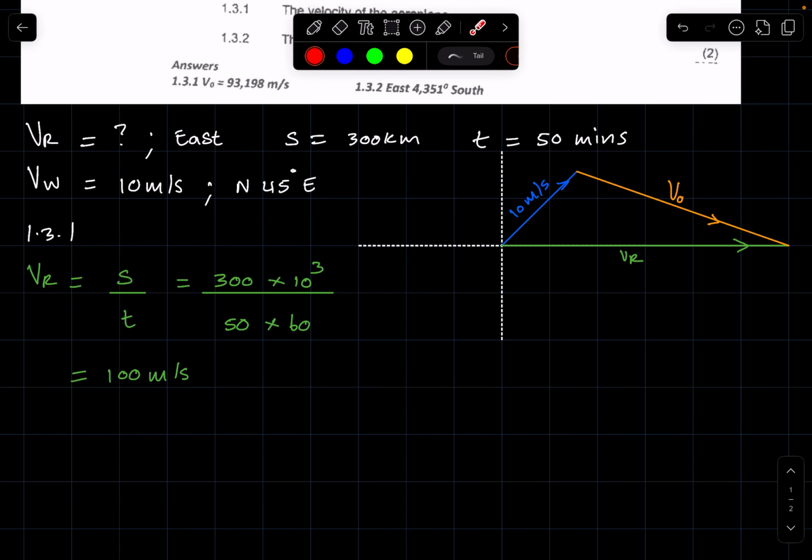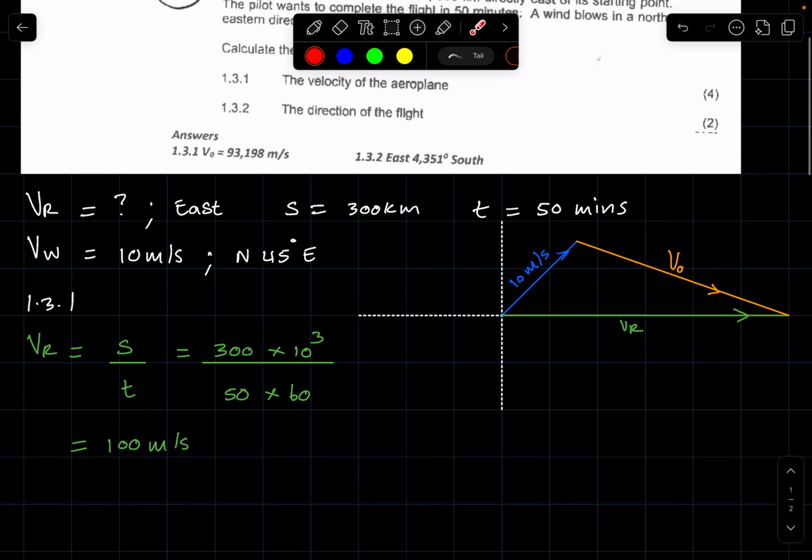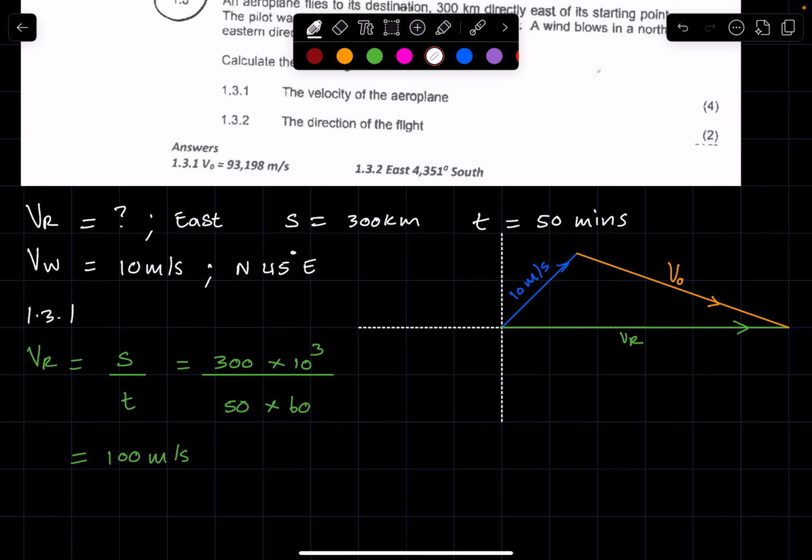So now we have VR. So we have VW and we have VR, so it means we can get VO, which is the velocity of the aeroplane. But before we do that, let us complete the vector diagram by showing at least one angle.